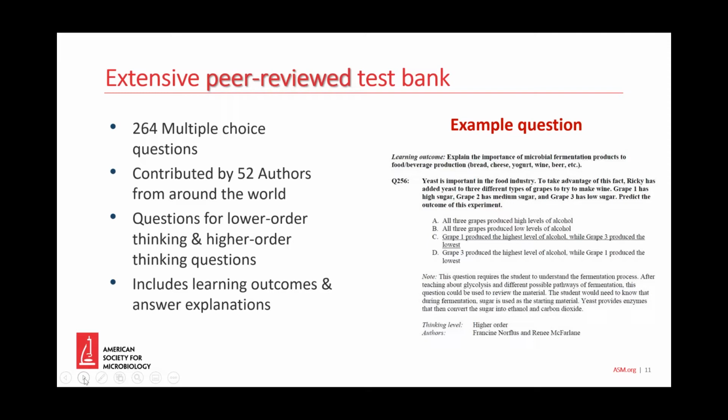Here, this refers to Bloom's taxonomy, where questions like identify or describe might be lower order thinking, and questions that ask the students to propose a science experiment or interpret data might be higher order thinking questions. All of these questions in our peer-reviewed test bank include example learning outcomes and answer explanations.